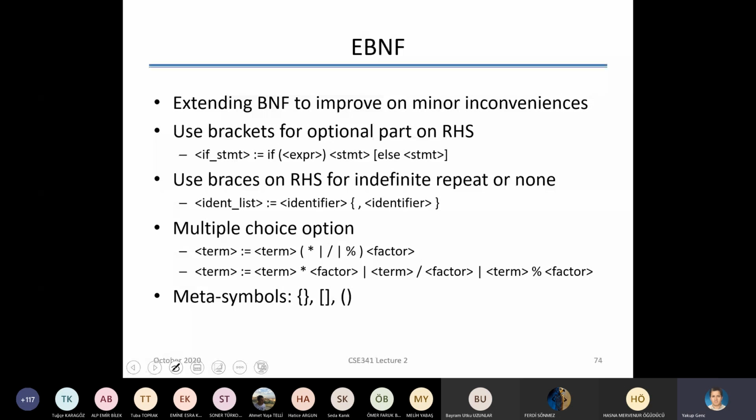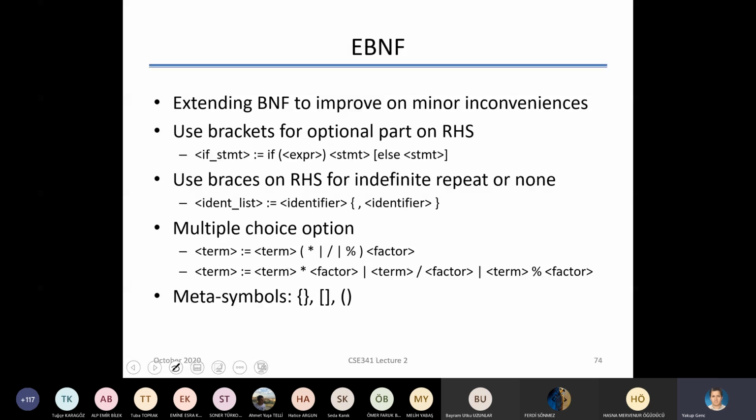Now, the BNF, Backus-Naur Form, that we used is a simplistic, ideal one, but there are some inconveniences with it that engineers probably don't like much. So for that, we have the extended BNF, eBNF.